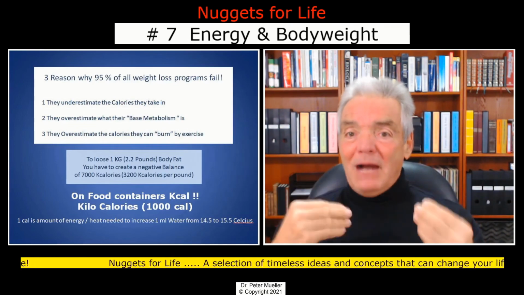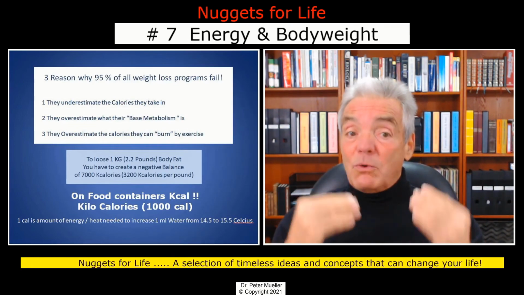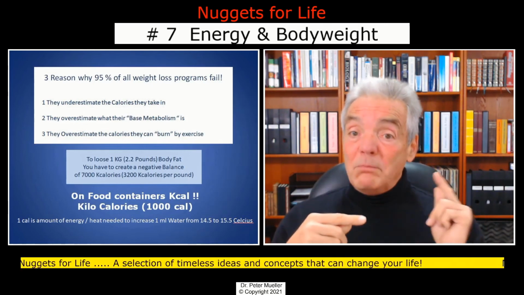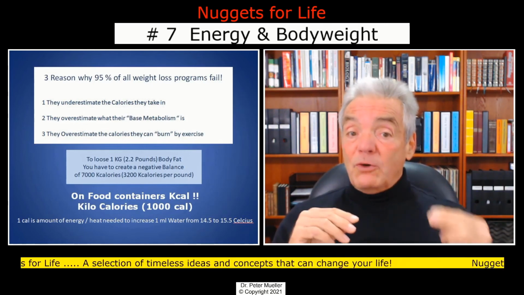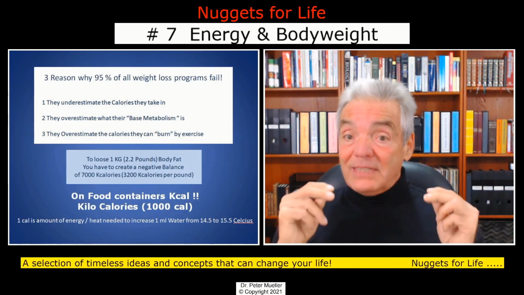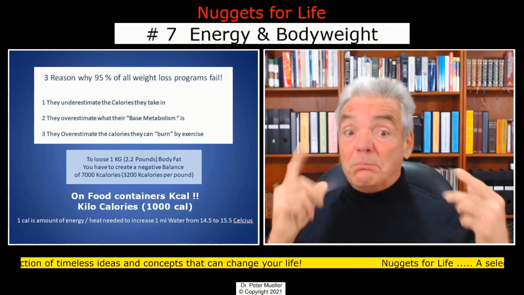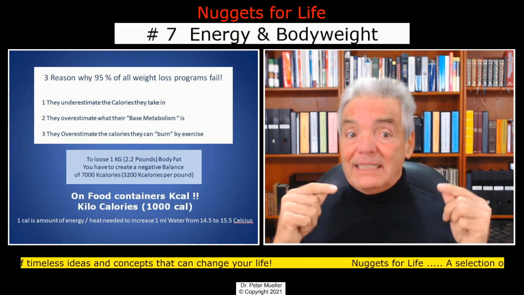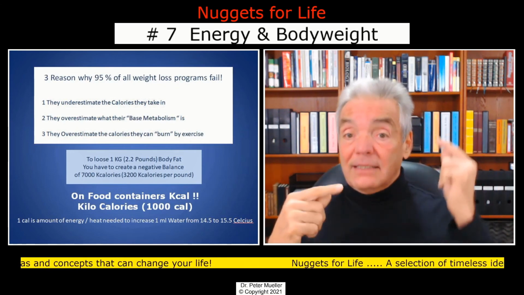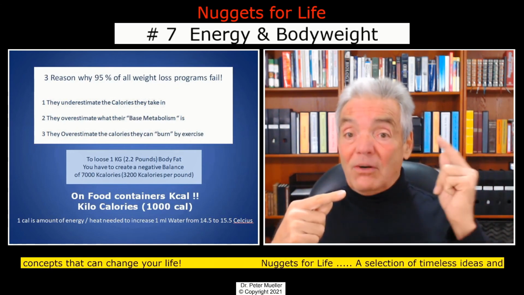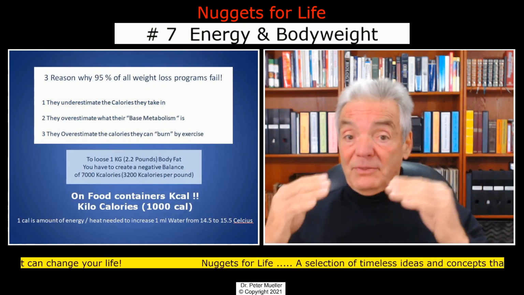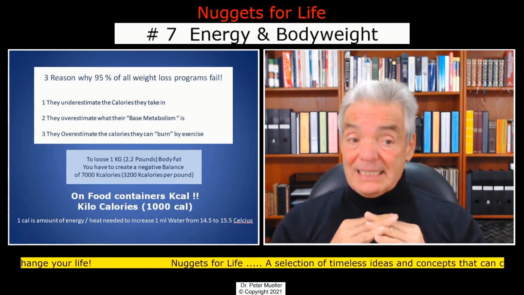It is the amount of heat or energy required to increase the temperature of 1 milliliter water from 14.5 to 15.5 degrees Celsius. So 1 big calorie, 1 kilocalorie, is the amount of energy needed to increase the temperature of 1 liter of water, 1,000 milliliters, from 14.5 to 15.5 degrees Celsius.